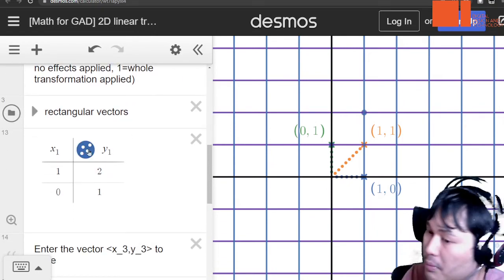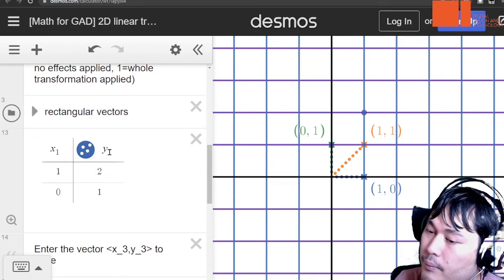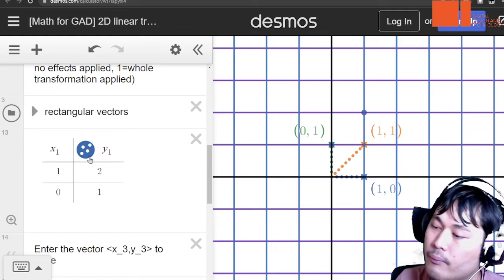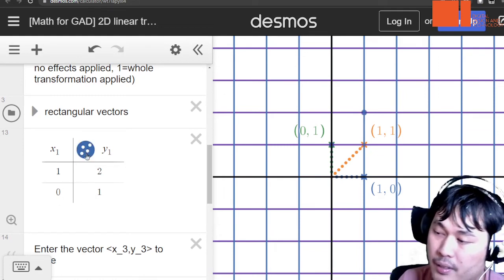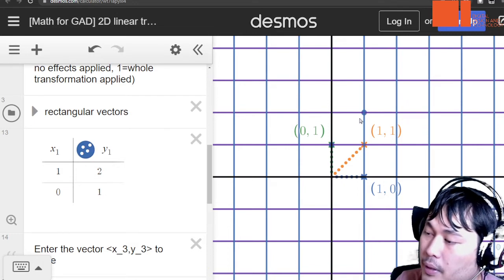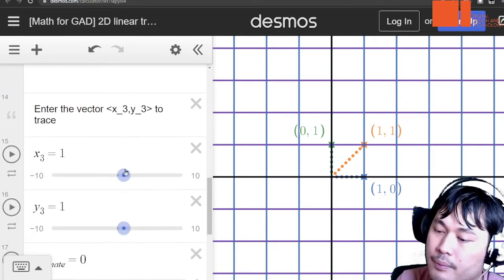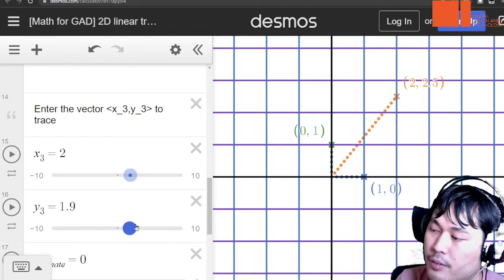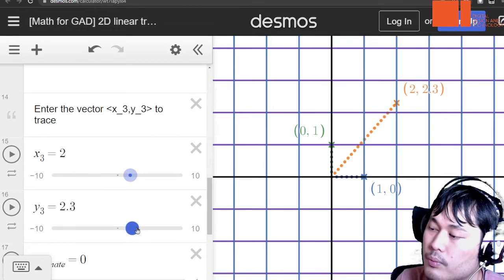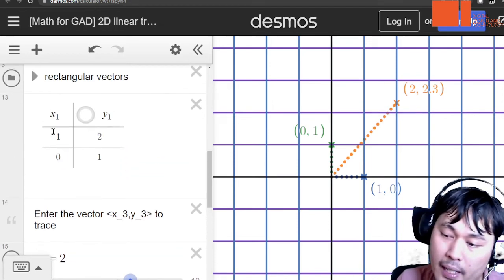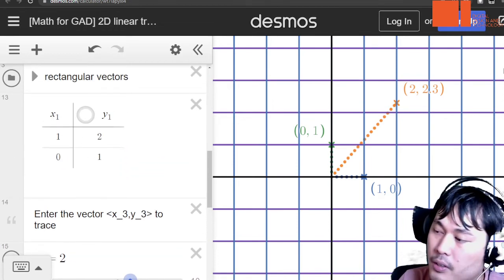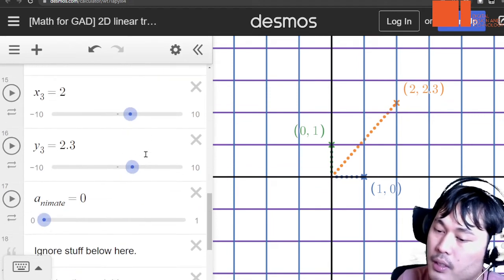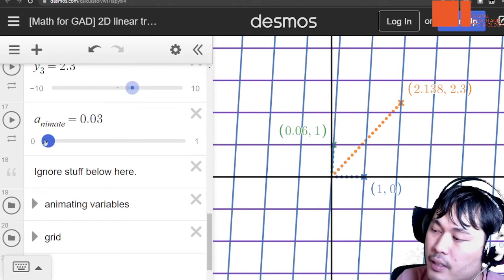Suppose you have a matrix, and that can be represented as a point. Then you can try to skew or move these vectors anywhere you want. And once you multiply this matrix by the orange vector, you get this transformation.